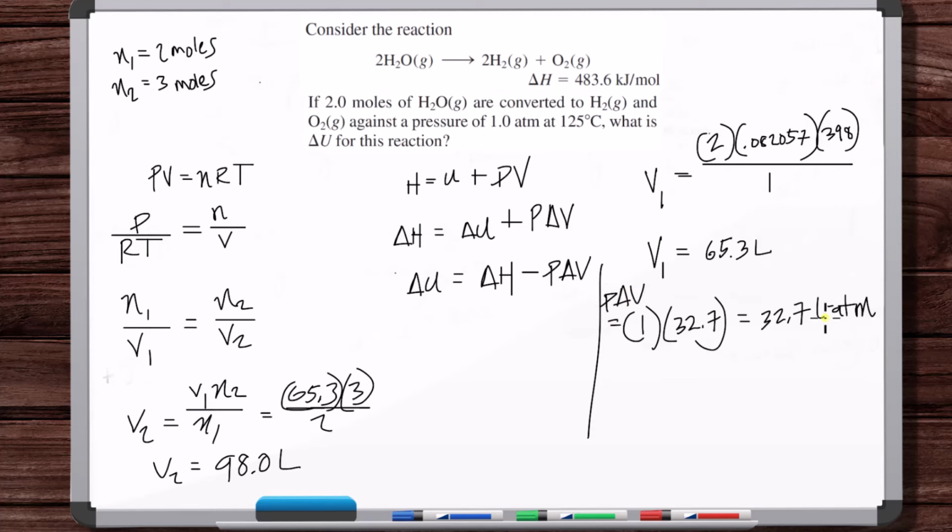But we need to convert this to kilojoules. We've got 101.325 joules per liter atmosphere, and then there's 1,000 joules per kilojoule.